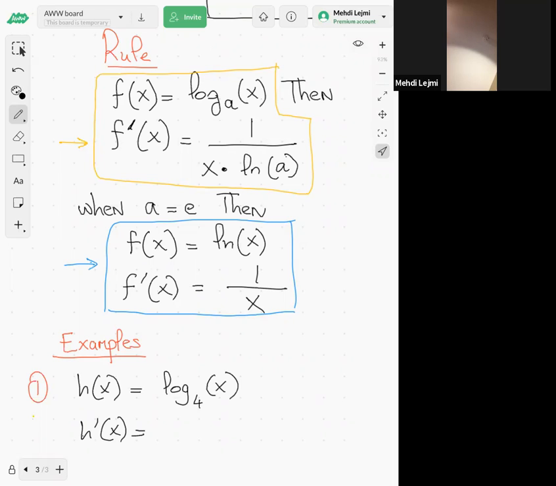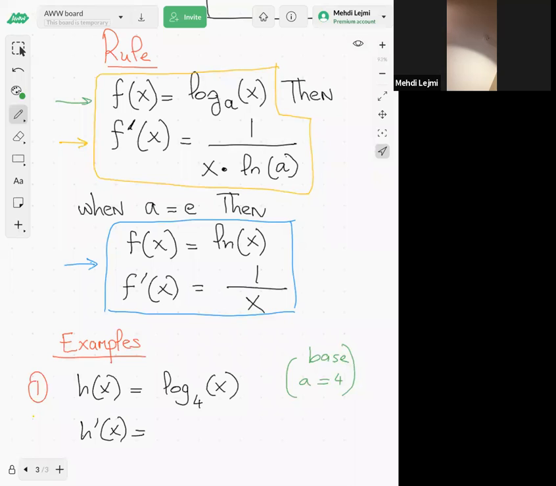This is log in base a, so a would be 4, right? So we need to apply this rule here.